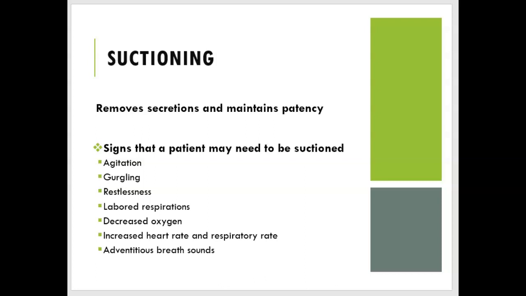Another way you can tell is that their heart rate and respiratory rate increase, and a lot of times that is because they are agitated or getting agitated. You have to think physiologically about what else is happening in their body. If their airway is not clear, what's happening?